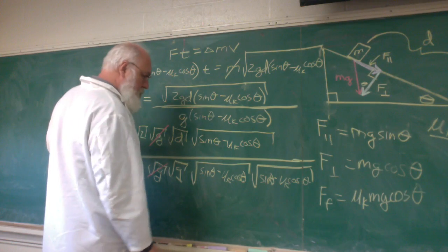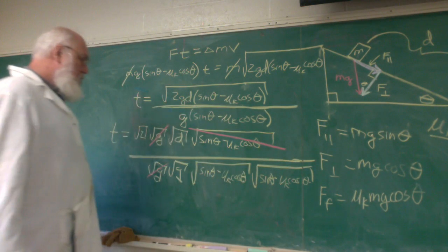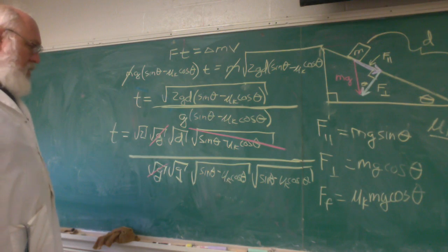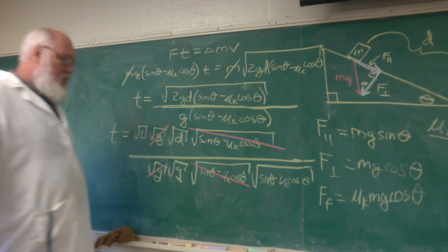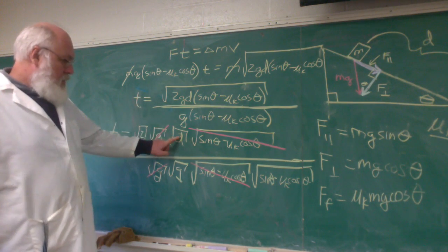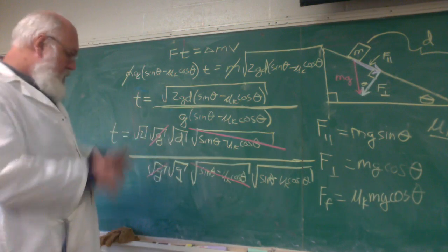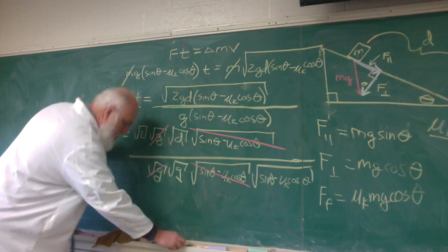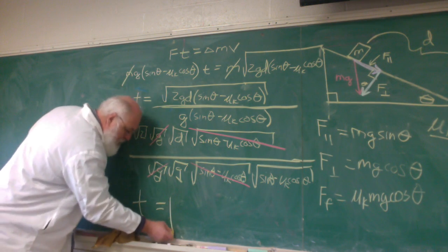And this square root up on top will cancel, and you'll get one of the square roots down at the bottom. Then if you look carefully, square root, square root, square root, square root, so we can pull the square root out of the whole thing, and we get t is equal to one big square root.